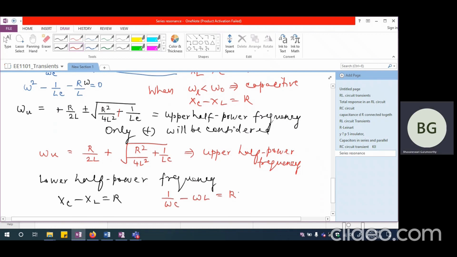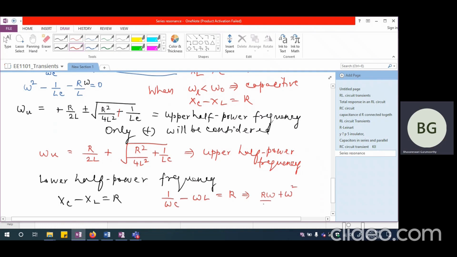Let me take this omega to the other side. So this is going to be R times omega plus omega square multiplied by LC.